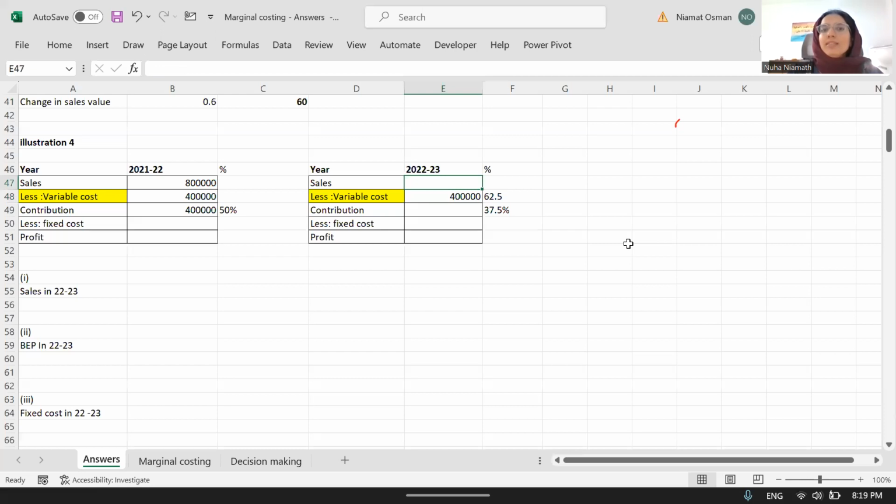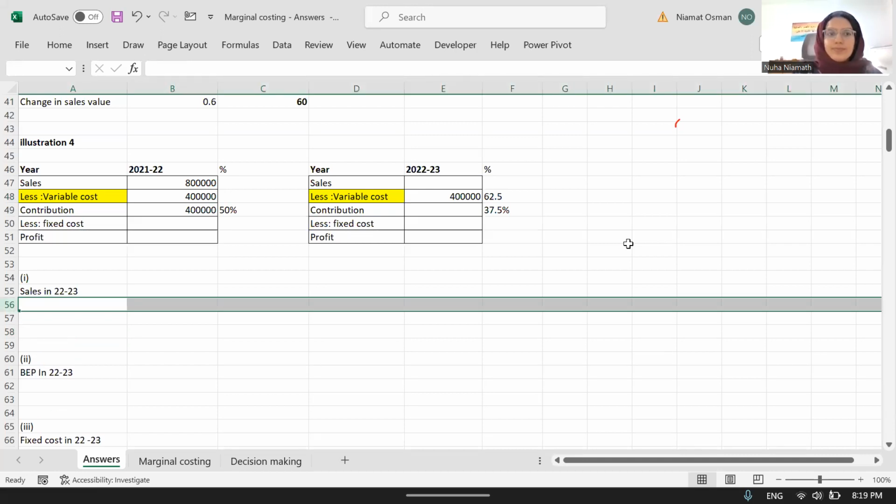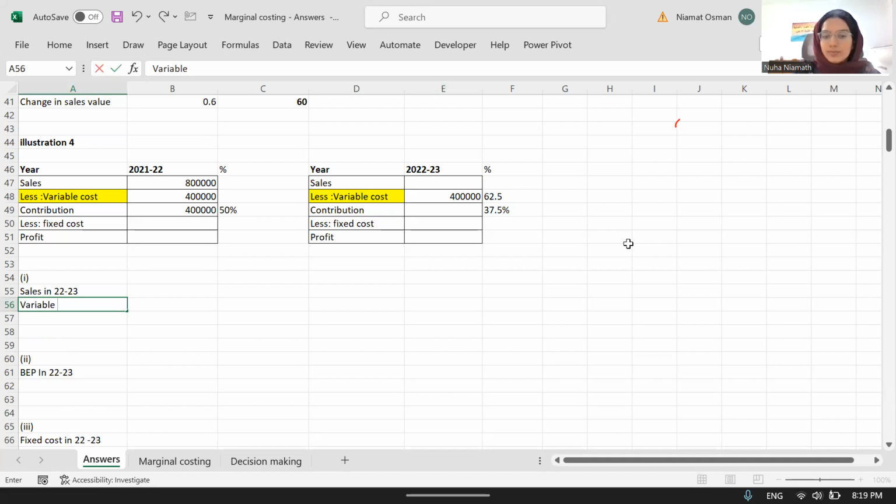So what will be my sales? If you look here, my variable cost is equal to 4 lakhs, which is 62.5%. So my sales will be 4 lakhs divided by 62.5%.